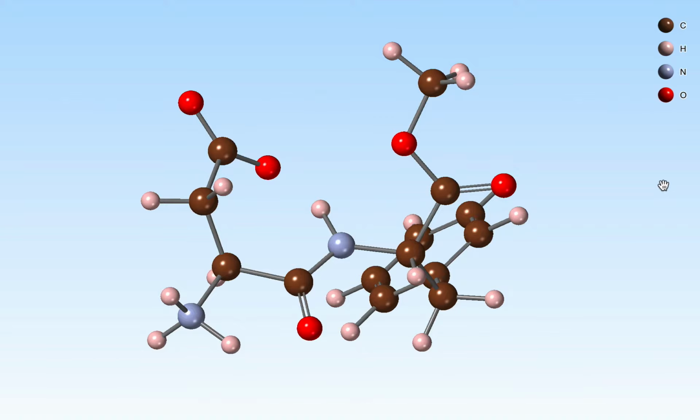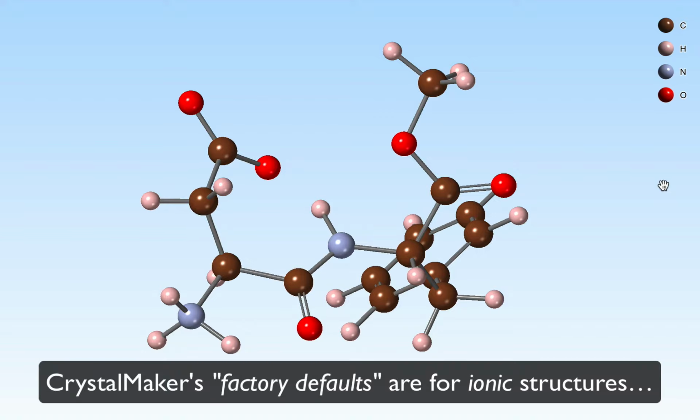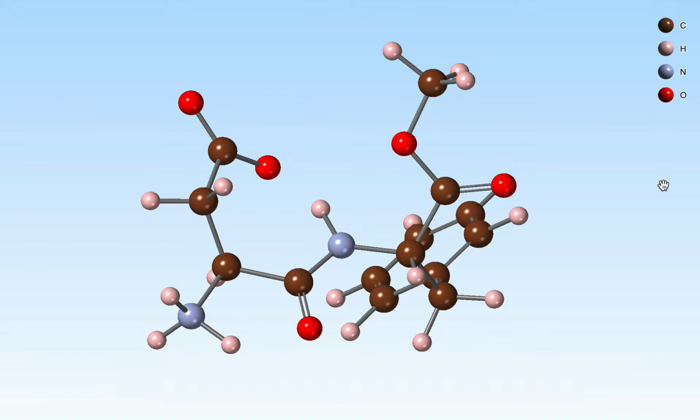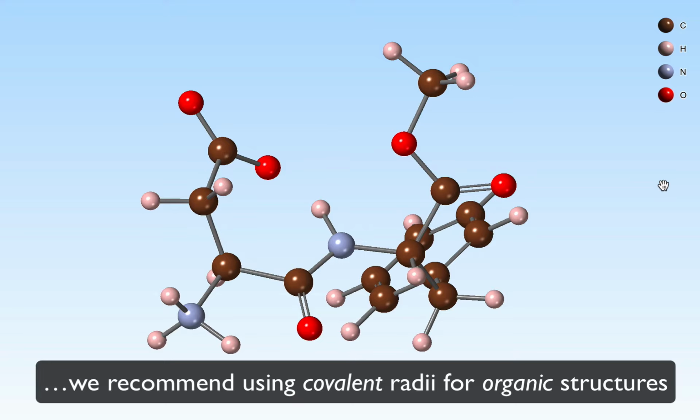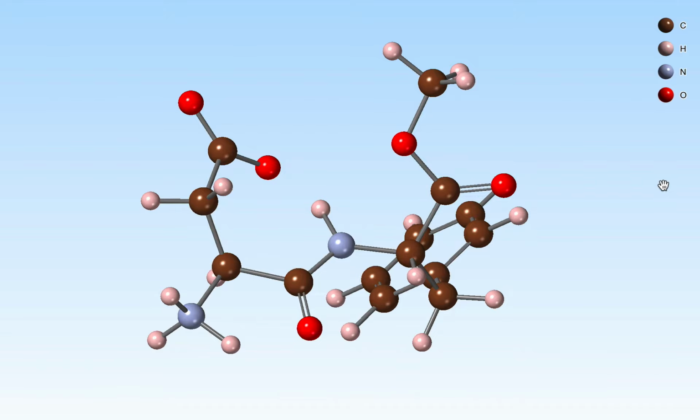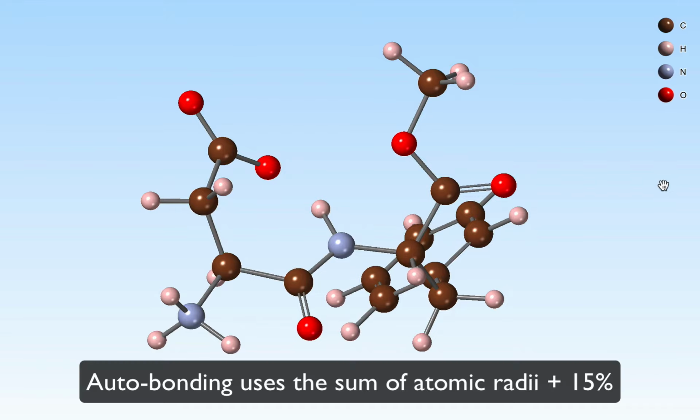By default, CrystalMaker is shipped with a set of ionic radii, the Shannon and Prewitt crystal ionic radii, and they work very well for most inorganic structures. But if you regularly work with covalent structures, then we recommend that you use a set of covalent radii as your default set, because the bonding generation uses the sum of atomic radii, so it's important that your values are correct. Now, how do we do this?